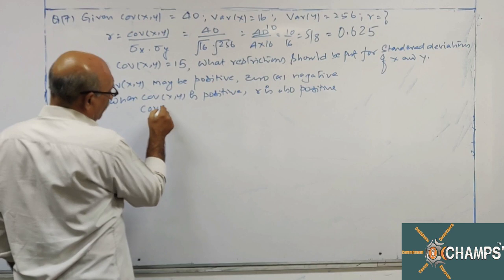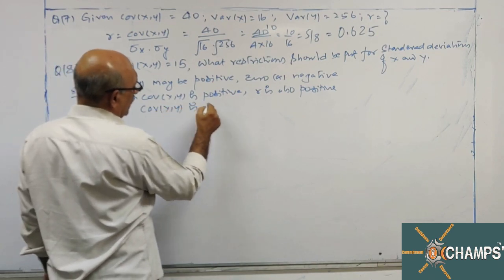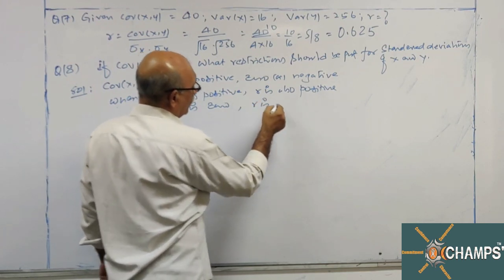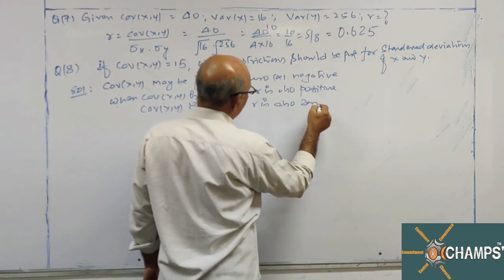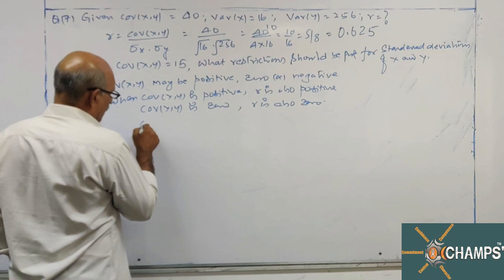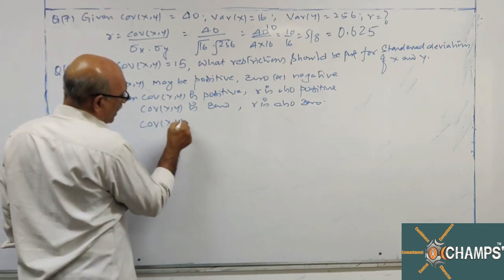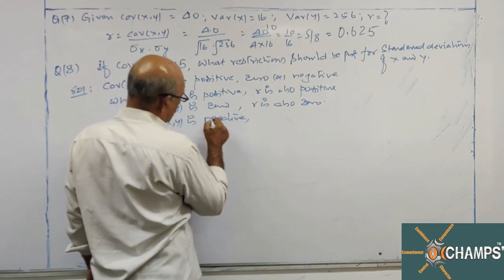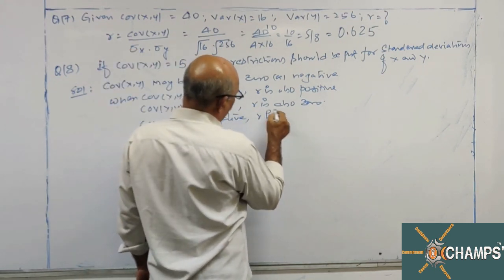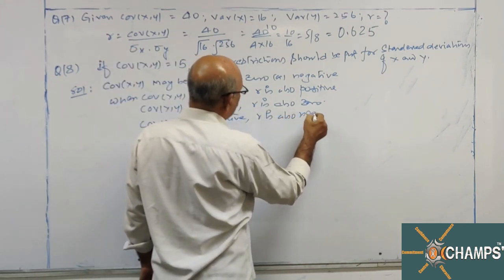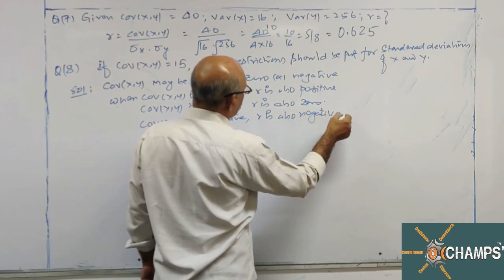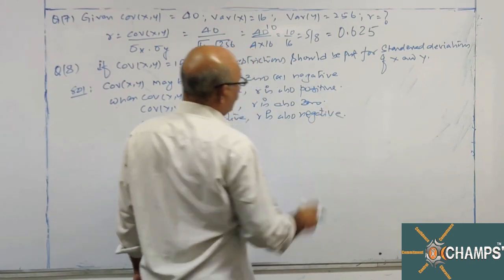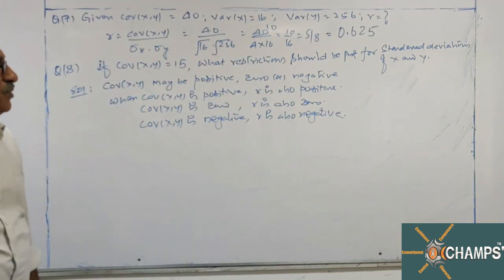When covariance of x comma y is 0, R is also 0. When covariance of x comma y is negative, R is also negative. Remember these 3 points.